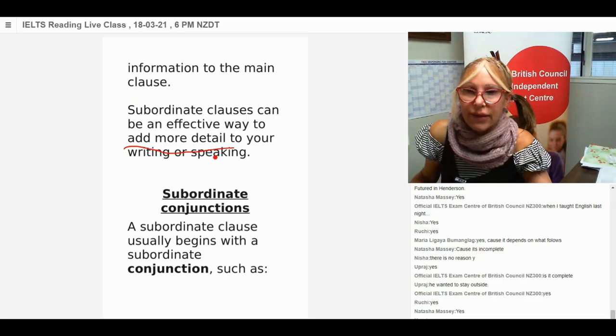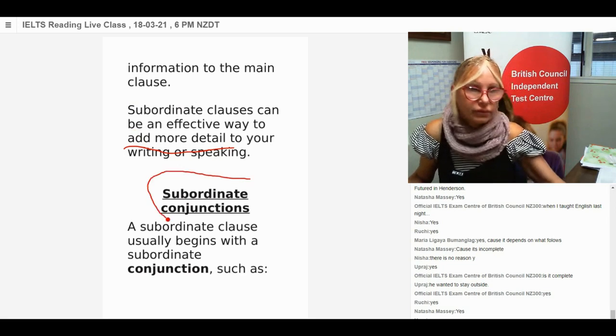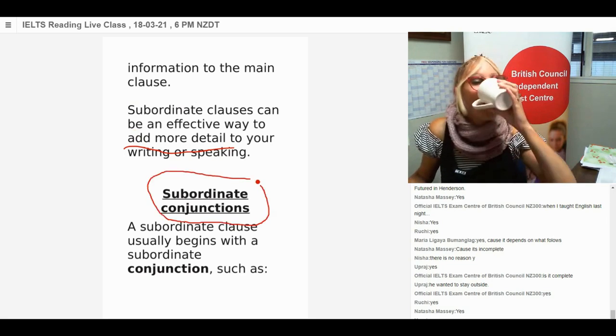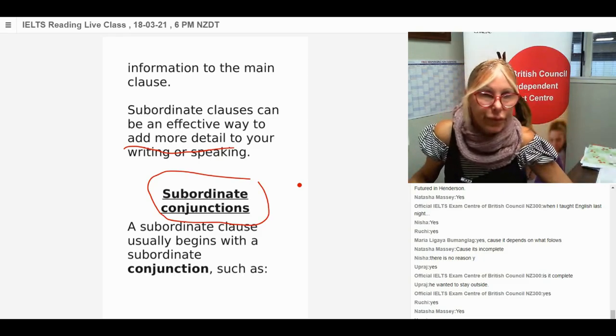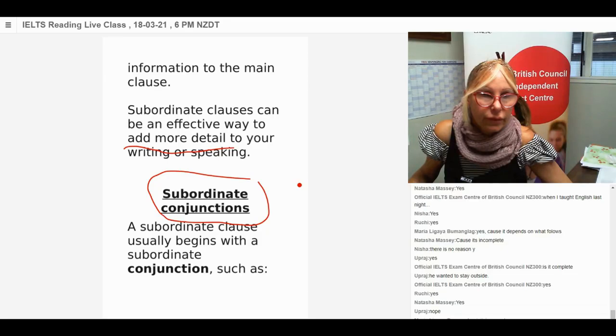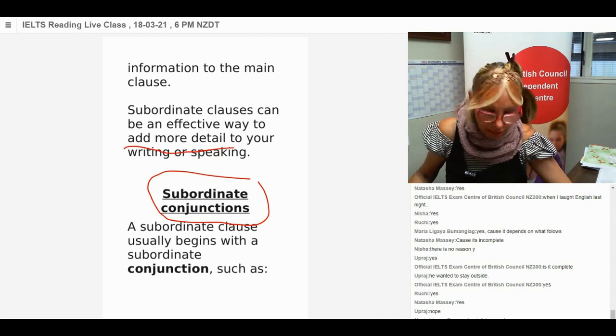All right, now let's have a think about subordinate conjunctions. Does anyone know what a conjunction is? Joining word. Well done.